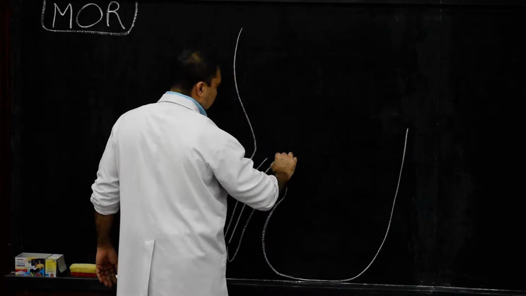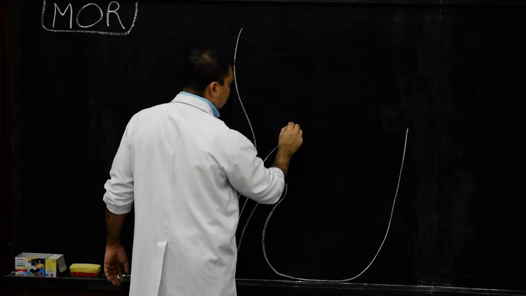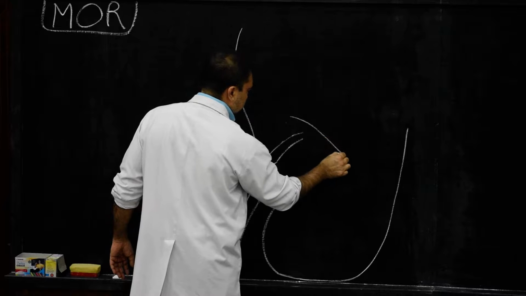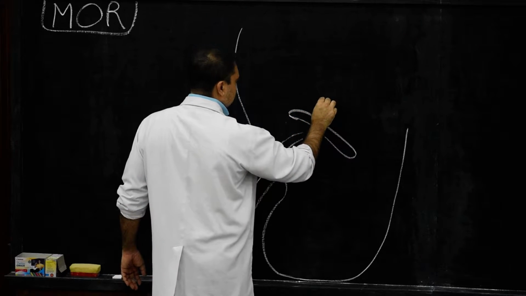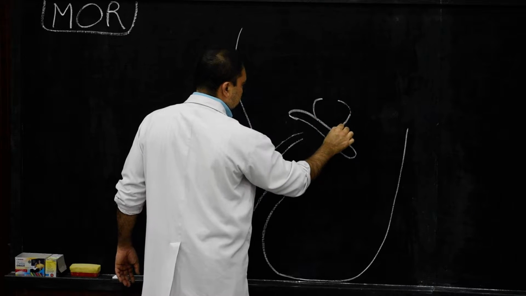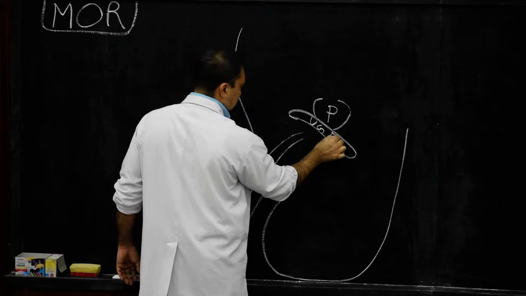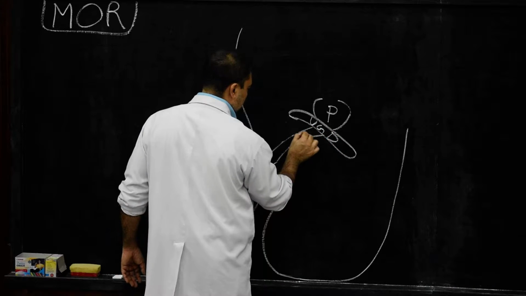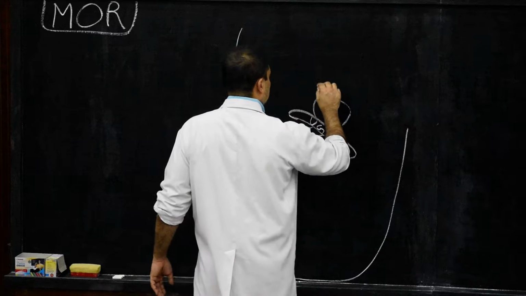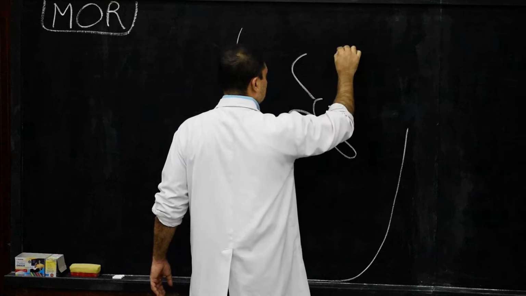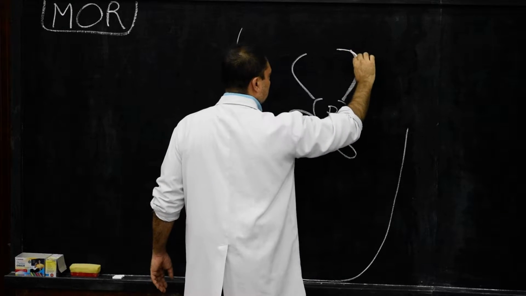This is the penile urethra as it will pass above, and here we are going to show the urogenital diaphragm. Similarly, we are going to show the prostate, urogenital diaphragm. Very rough line diagram, simple. And then we are going to show the urinary bladder.